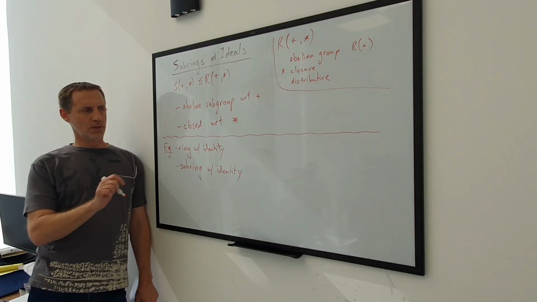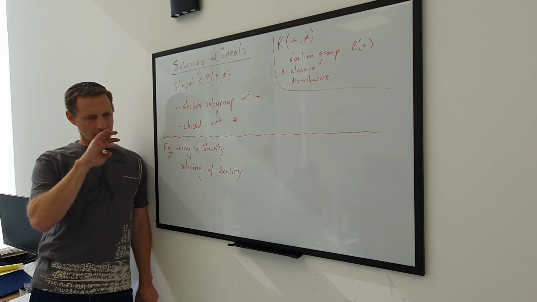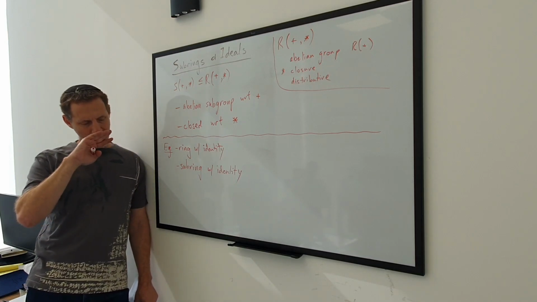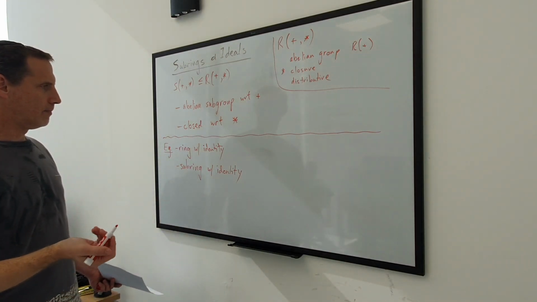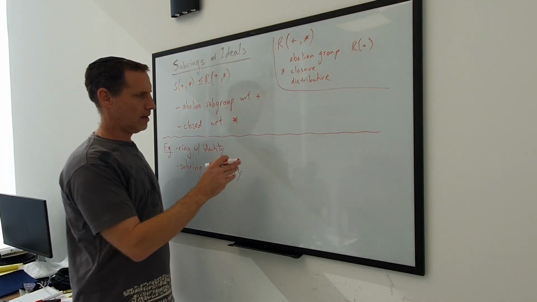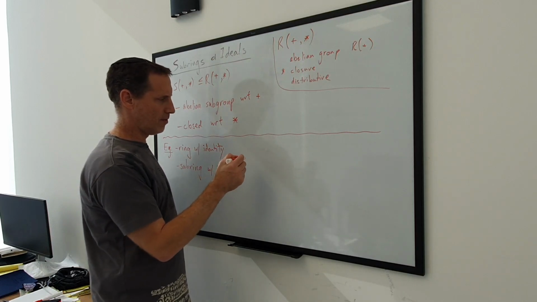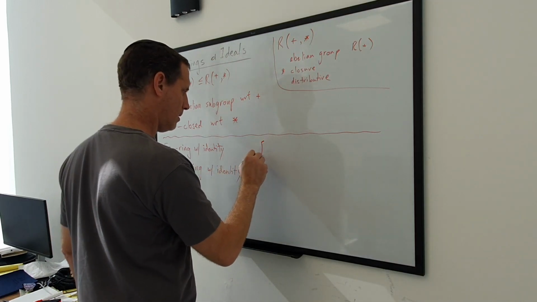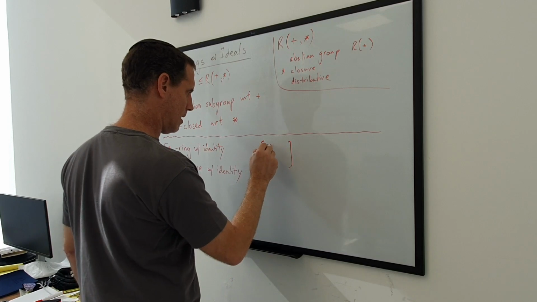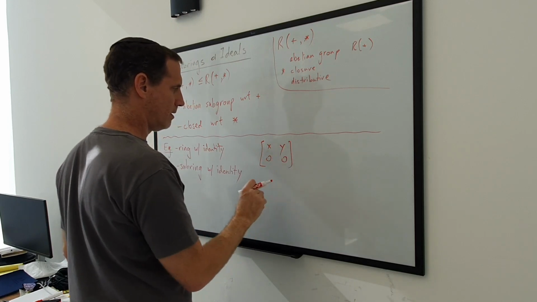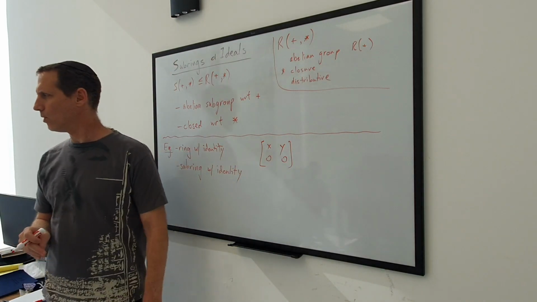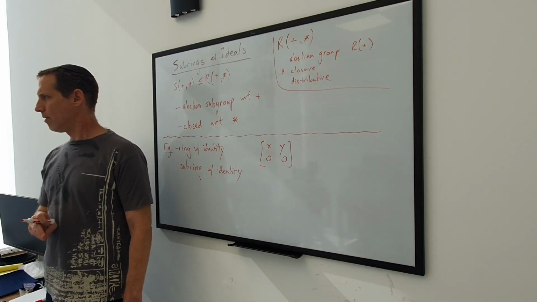So the terminology here is very important because, for example, let's imagine that we had matrices of the form x, y, 0, 0, where x and y, say, are over the reals.